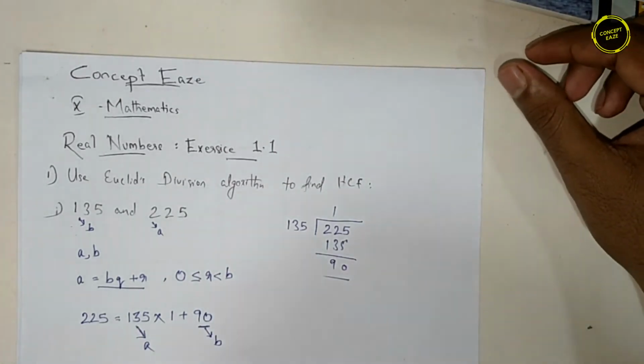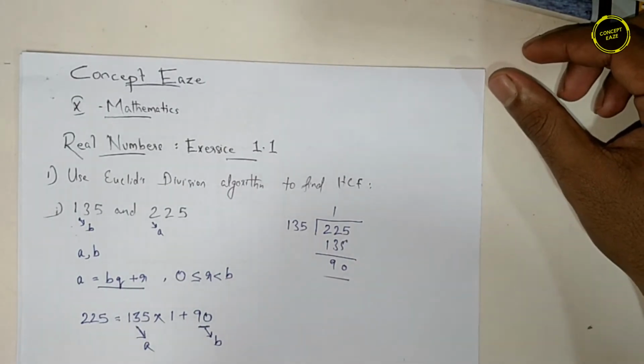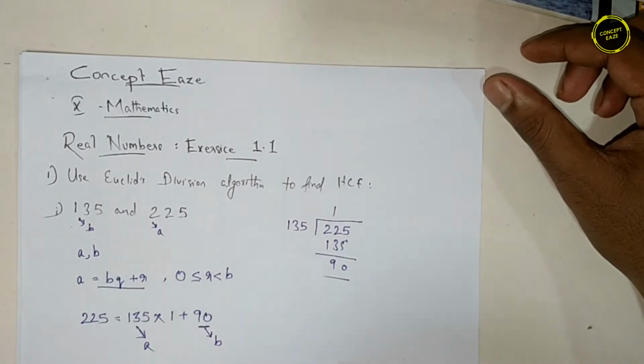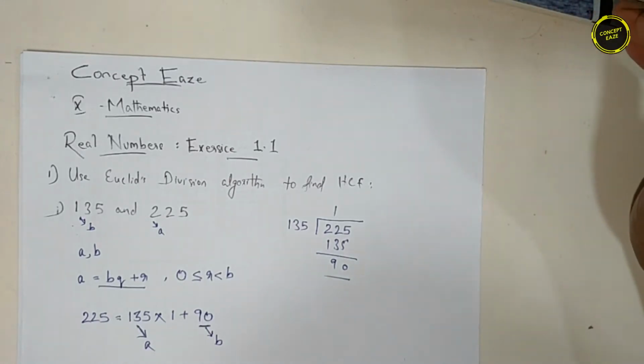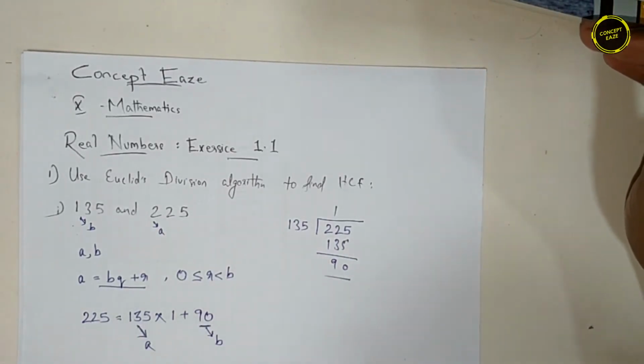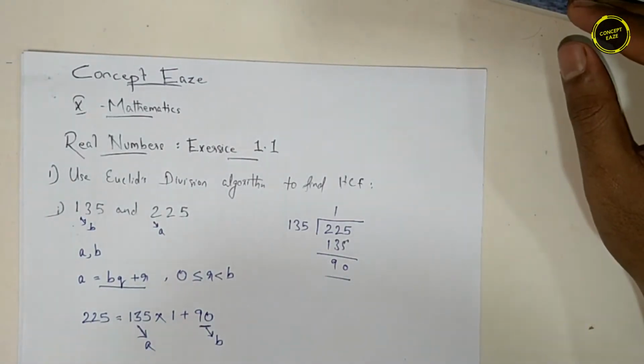So here is the first question. Use Euclid's division algorithm to find the HCF of the following. We have three sub-questions in this. I'm going to solve the first one, and the remaining two are homework for you guys.